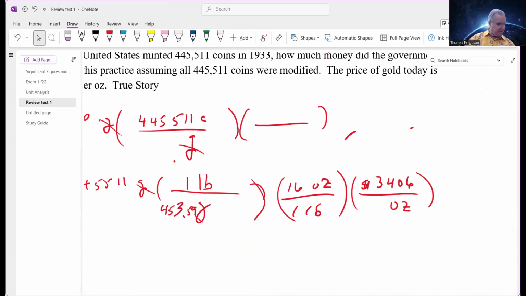Okay, let's see how much money the government lost. And sig figs, let's go 4 now.